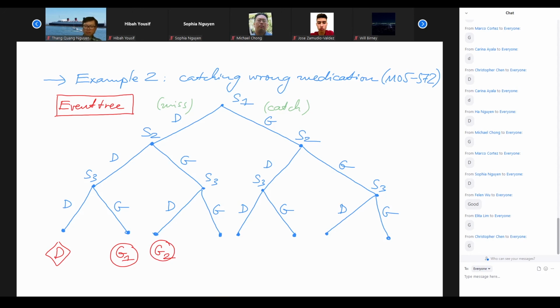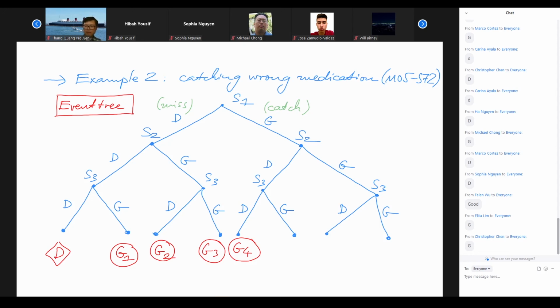And by the same token, we're gonna have good number three, because we have miss, catch, and catch. The next one, we have catch, miss, miss. That sounds bad, but actually that's another good outcome, because at least that station caught it, right? So if they catch the wrong medication, then somebody will fix it for the patient.